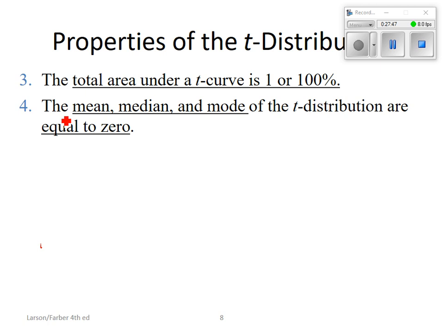Next thing: the total area under the t curve is still 1 or 100%. The mean, median, and mode all equal 0. So just like the normal curve, they still equal 0.